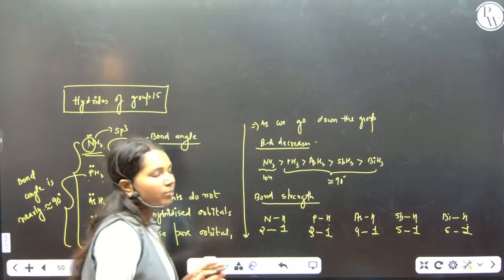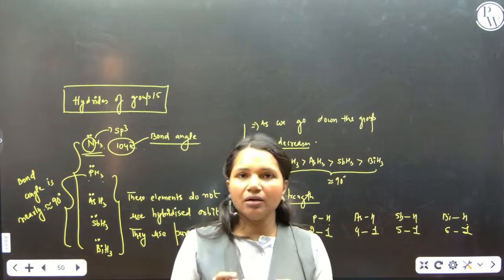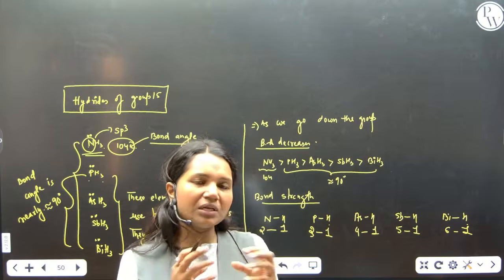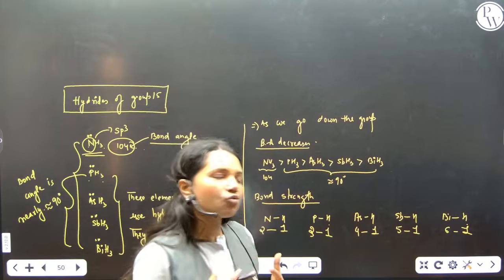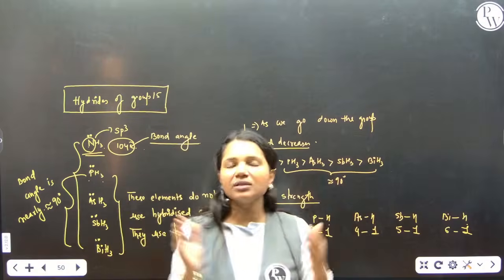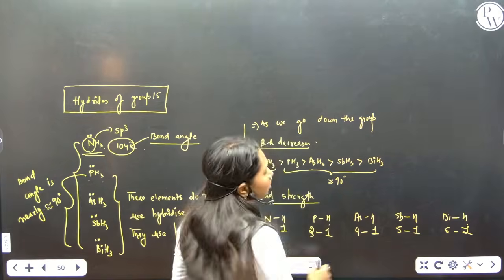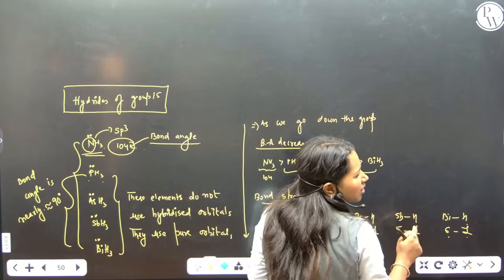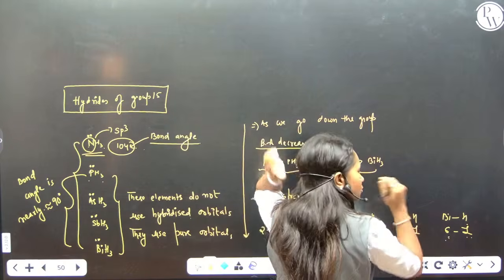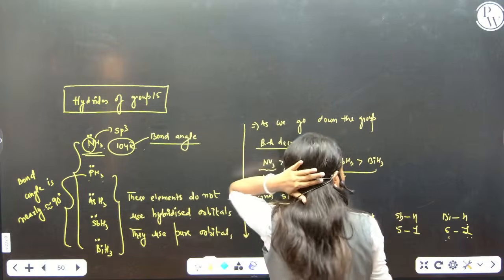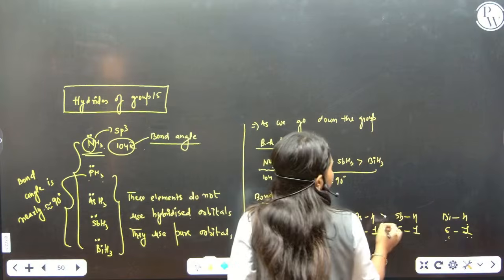You know that when the size is similar, then the bond will be stronger. When there's a large gap in the size, then the bond will be weaker, right? So there's a large gap in the size. So the BH bond is weaker. The NH bond is stronger, right?